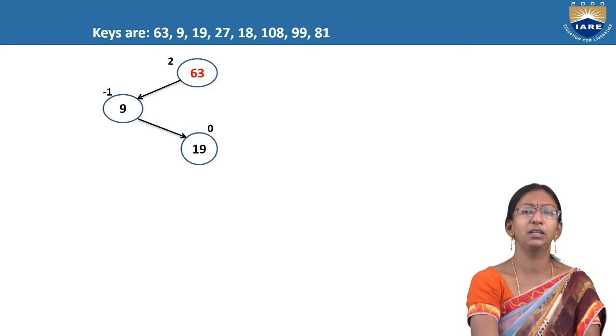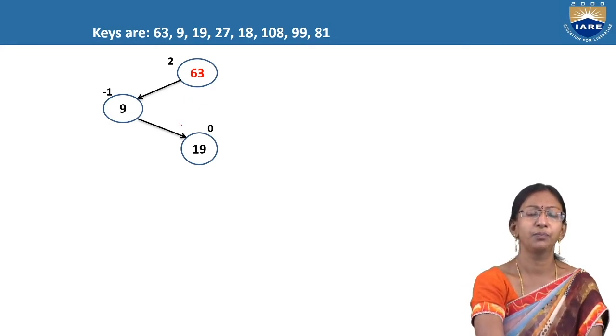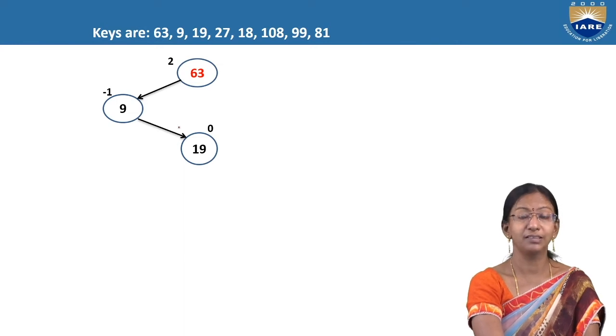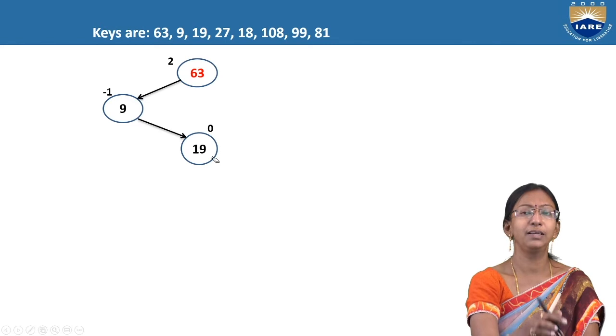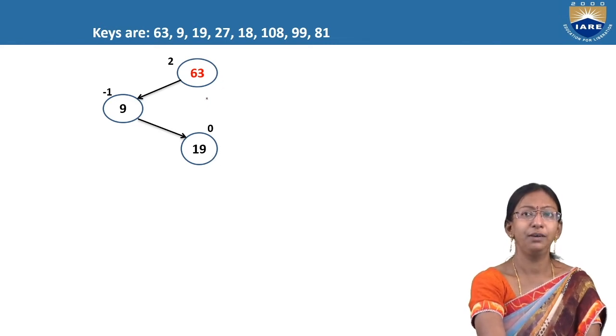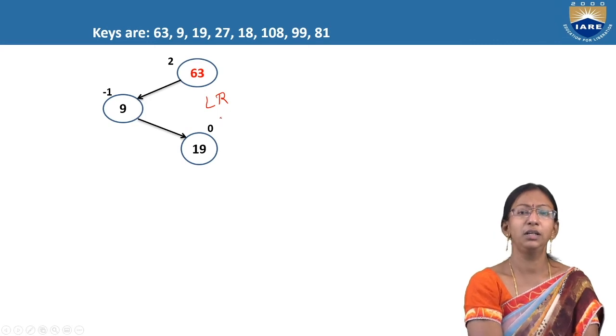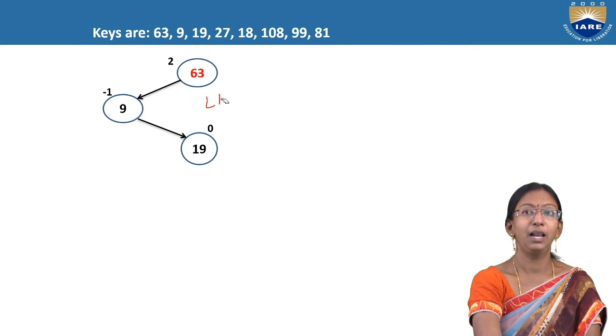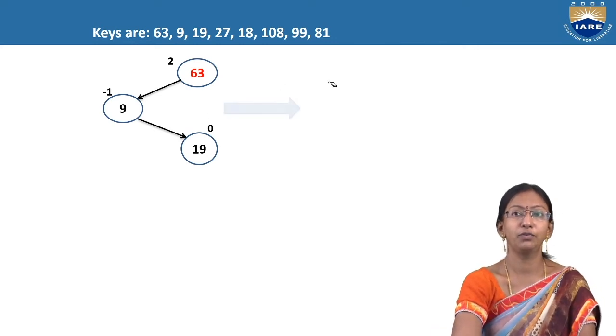Now think from the point of view of 63. Why did it lose its balance? Because of 19, right? So where is it sitting? In the left subtree, as a right child. The wording itself tells you which rotation you have to adopt: LR rotation, left-right rotation.